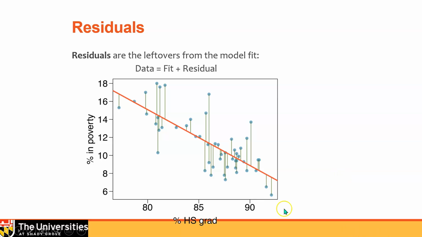The size of the residual is what we see in the observed value minus the predicted value. The predicted value is the value on the line, right?